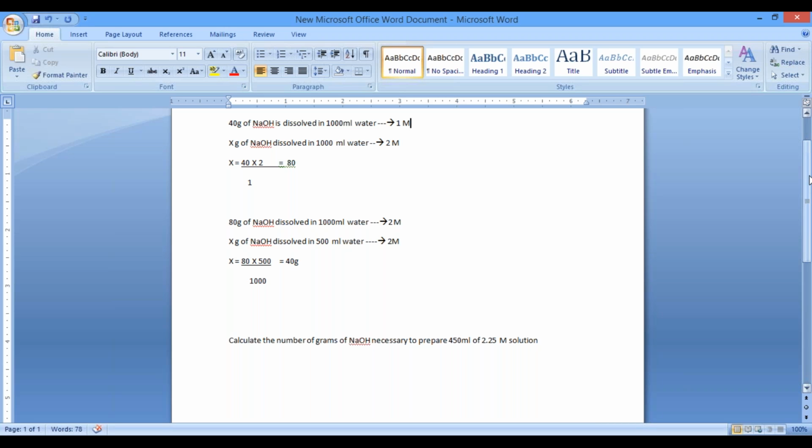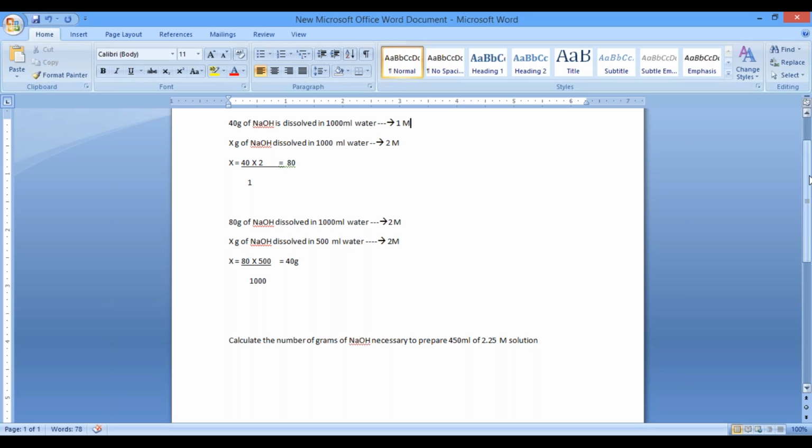First, tell me for 2.25 molar, what is the required sodium hydroxide in 1000 ml? First step, ma'am, 90 gram. And 36 gram of NaOH dissolved in water.